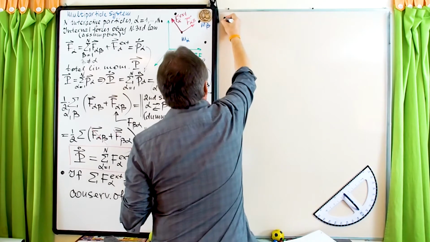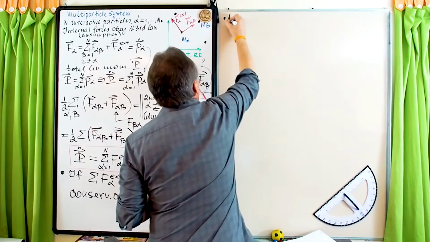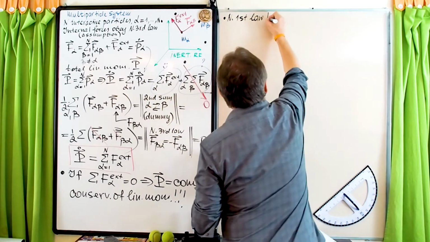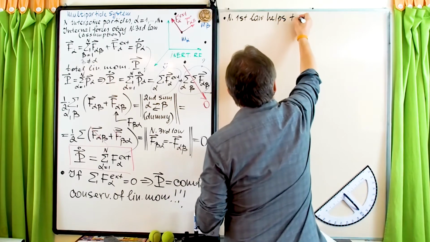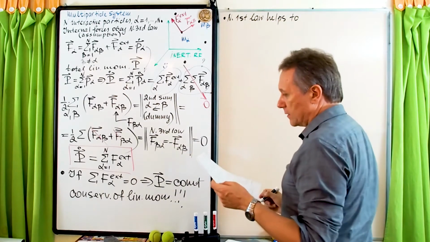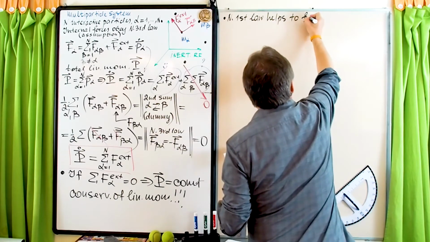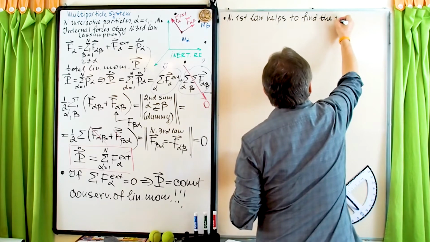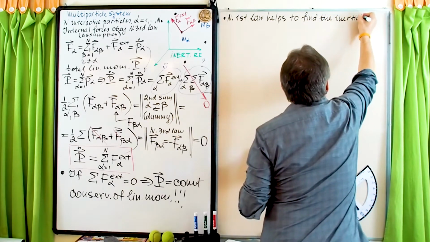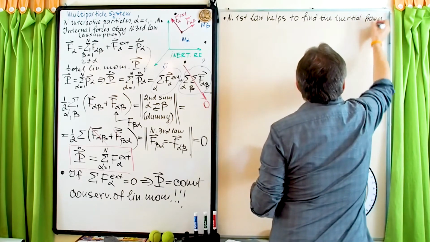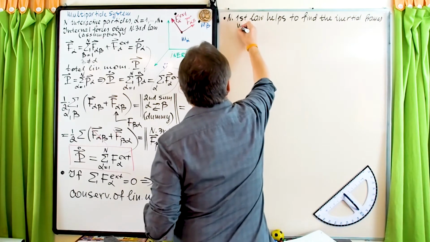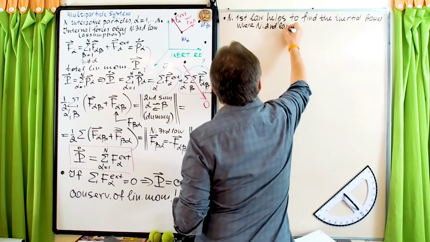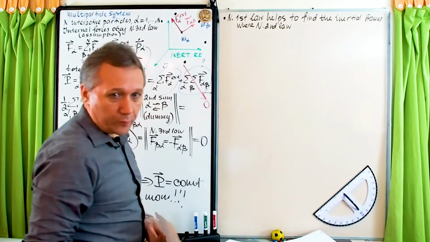So, first bullet. Newton's first law helps to find the inertial frames, where Newton's second law has that simple form.